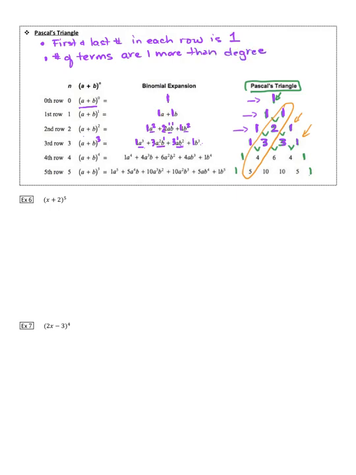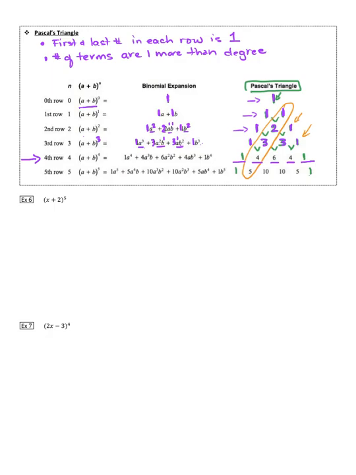So for instance, if I'm doing the 4th degree, notice I have 1, 2, 3, 4, 5 terms. So I have 1 more term than the degree that I'm doing. And yes, this allows us to expand higher powers very quickly.